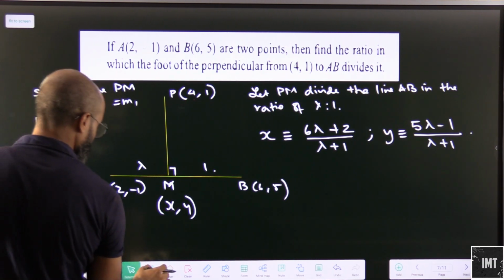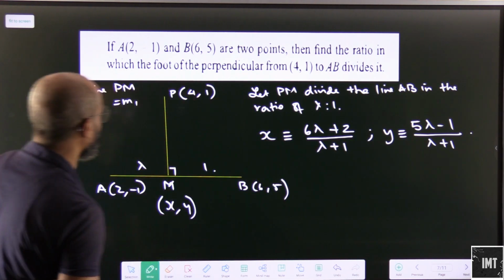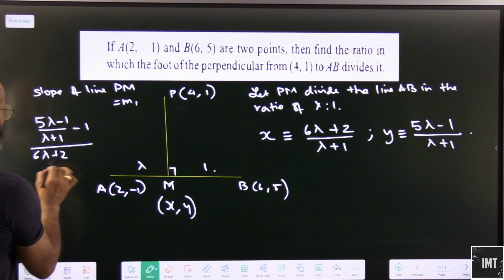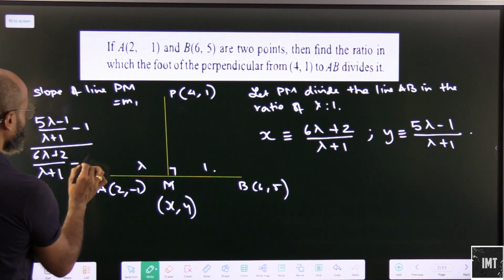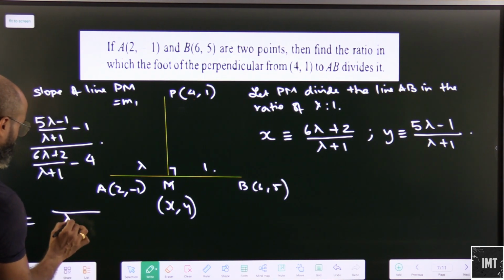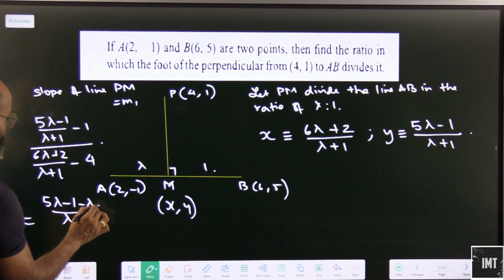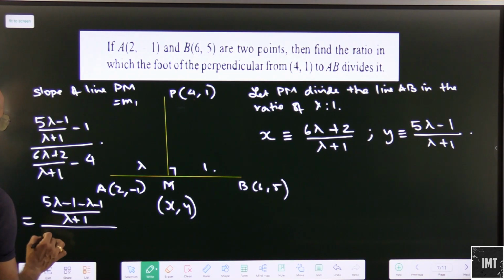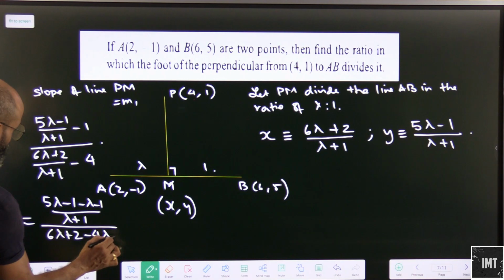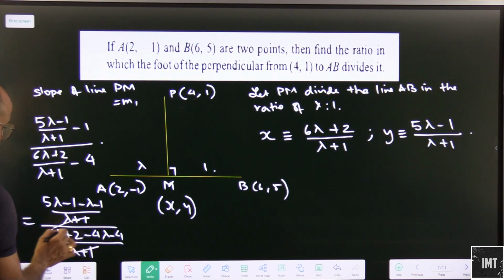Okay, so this is basically 5 lambda minus 1 upon lambda plus 1 minus 1, upon x2 minus x1, that is (6 lambda plus 2) upon (lambda plus 1) minus 4. So this will be, over lambda plus 1, 5 lambda minus 1 minus lambda minus 1, and 6 lambda plus 2 minus 4 lambda minus 4, upon lambda plus 1.